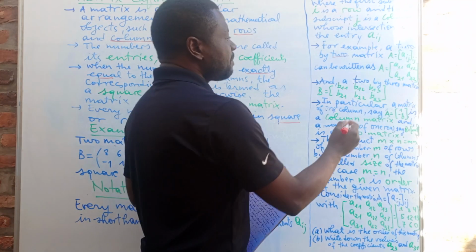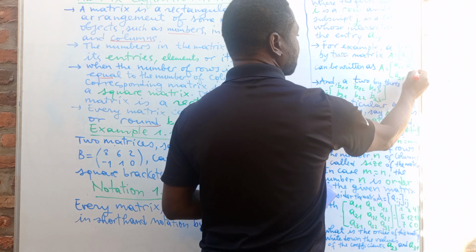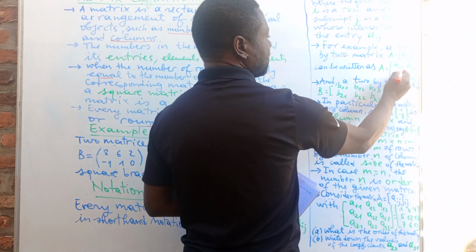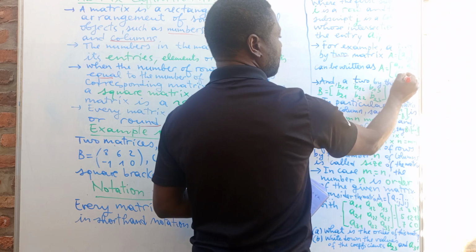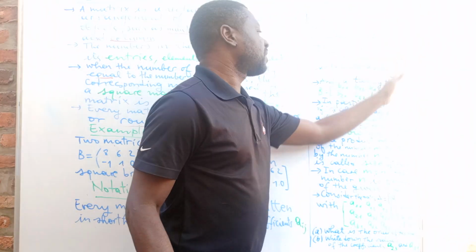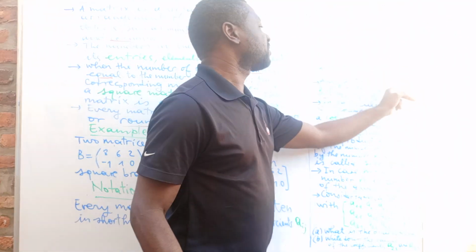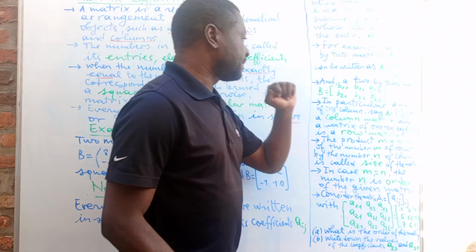Now, how about the second subscript, or second index? The second index indicates the column in which the element, entry or coefficient is located.